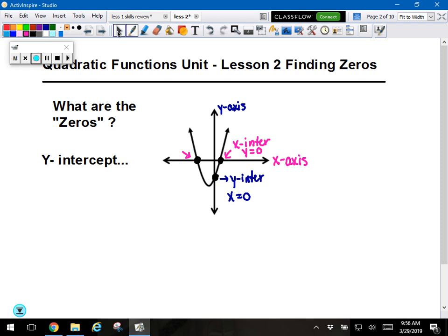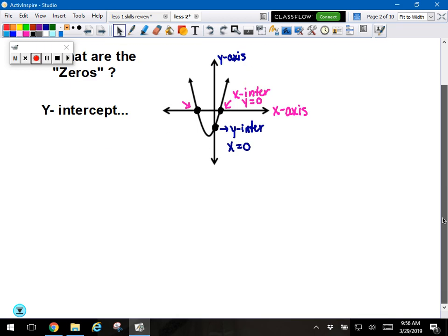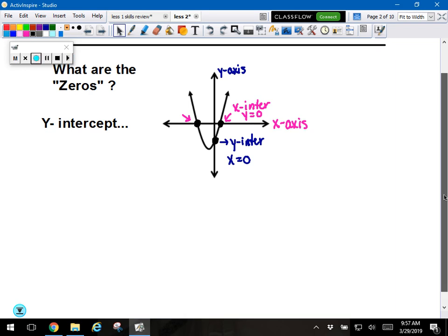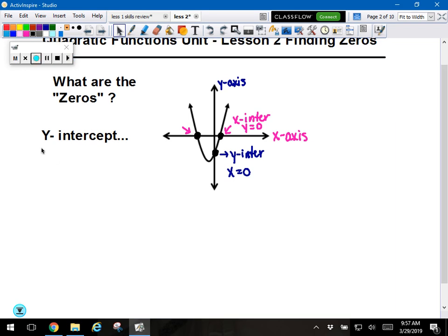Now, to connect with you on what's about to happen, there are 3 possible types of solutions. Actually, let me back up and just talk about the y-intercept first. Where does it cross the y-axis?